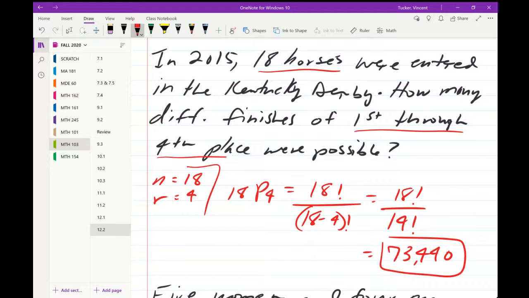So plugging that into the formula, that's 18 factorial over 18 minus 4 factorial, 18 factorial over 14 factorial. And that will calculate out to 73,440.